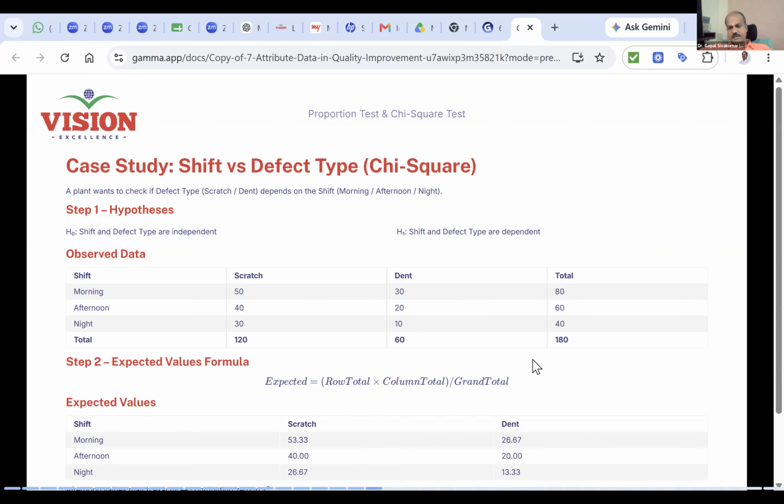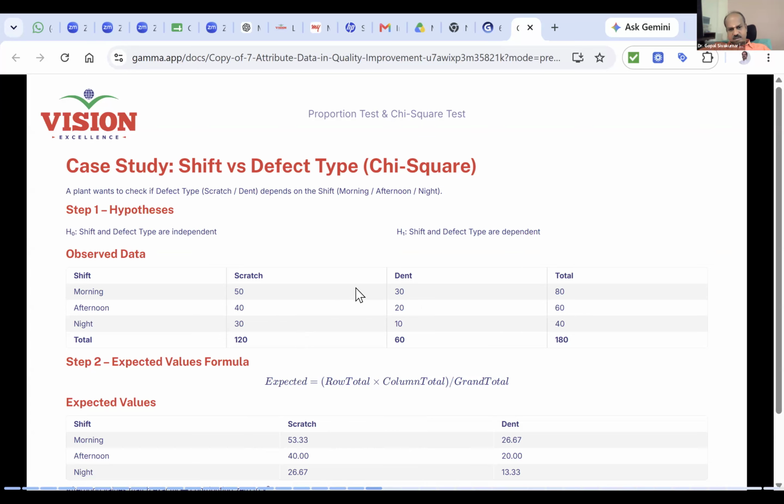How much is it? This is known as expected value. Are you getting this? 53.33. Yes, sir. It's 53.33.